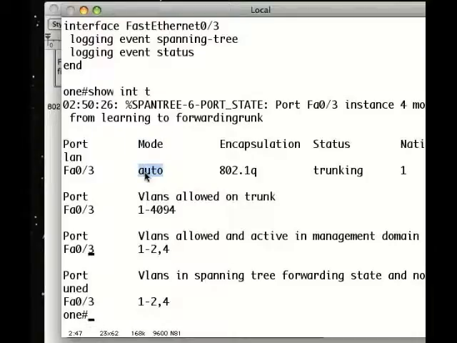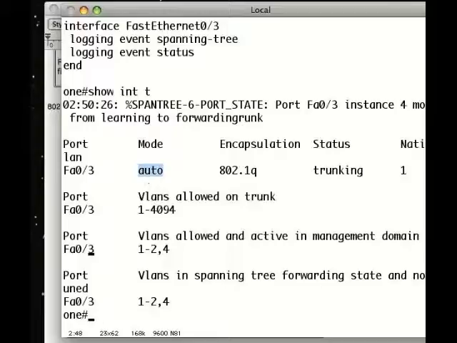What automatic trunking mode means is that there's a protocol called the Dynamic Trunk Protocol, DTP, and this switch is talking DTP out the port. Auto means it's willing to become a trunk, but it doesn't want to become a trunk. But if the other side wants to become a trunk, then it'll become a trunk.